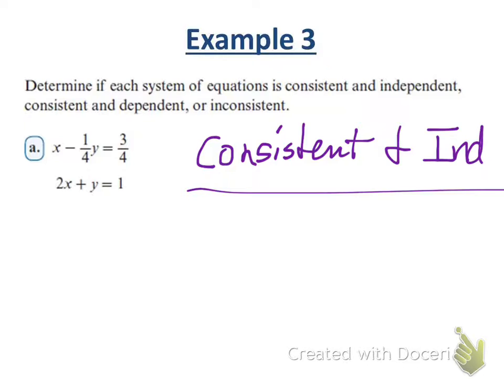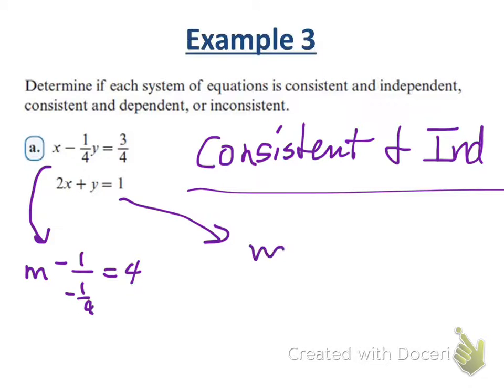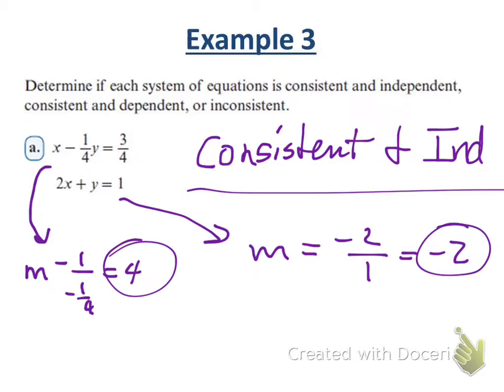What's the slope of the first line? -1 over -1/4, which is +4. And then the slope of the second line is -2 over 1, which is -2. These are different. Lines with different slopes are going to intersect in a single point. You're going to have a unique solution, consistent and independent.